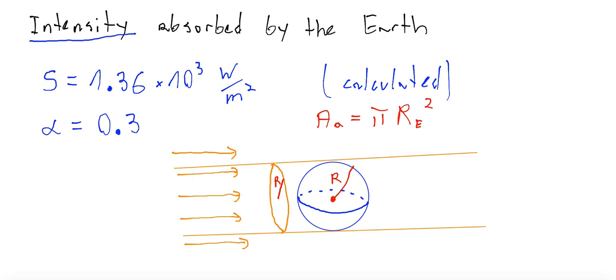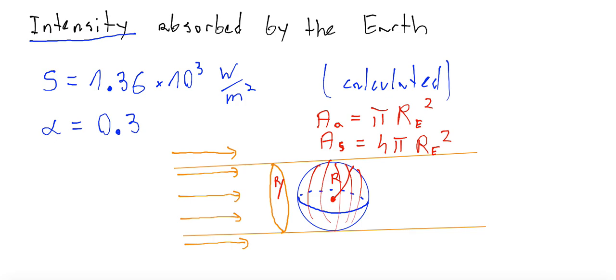That this radiation must be enough to cover the whole sphere. So let's write S, the sphere of the Earth, whose area is 4 pi times the radius of the Earth squared.